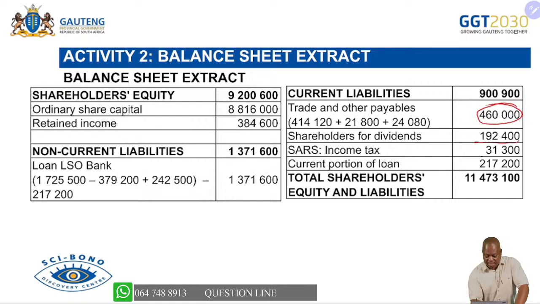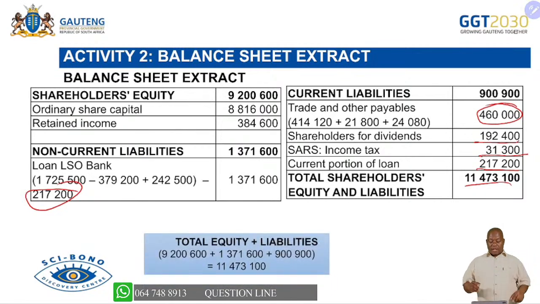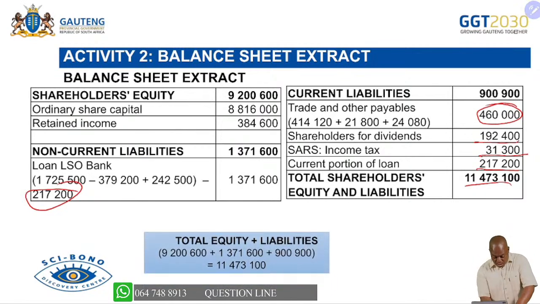SARS income tax, it's given, we put it here. And then the short-term loan, this part, it goes here as a short-term loan. And then after that, we are going to find the total. Remember, this total is a result of adding our equity plus our non-current liabilities and our current liabilities.